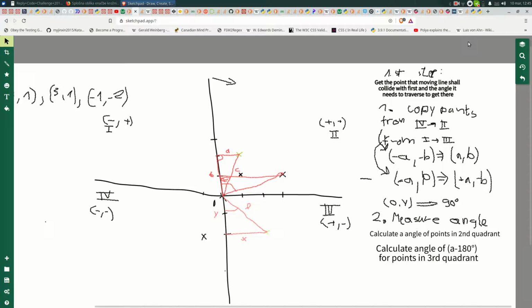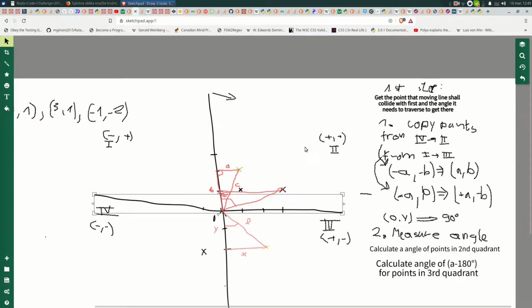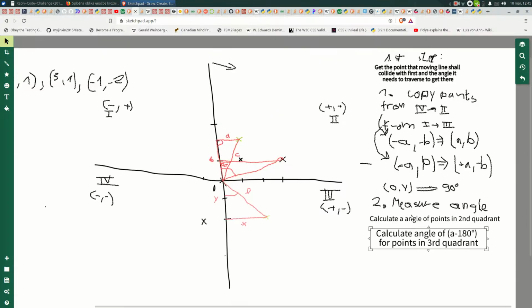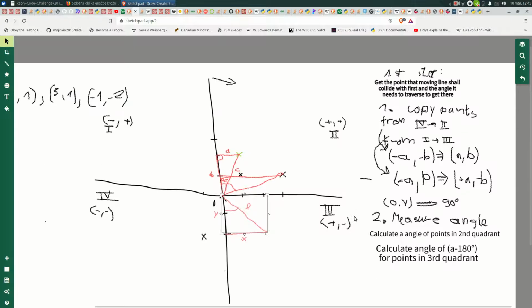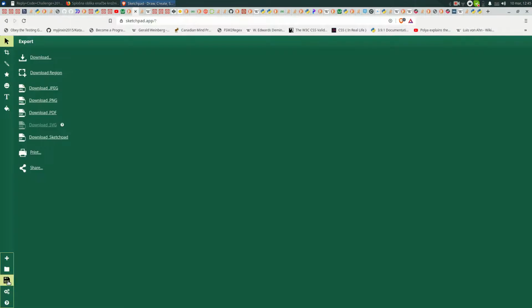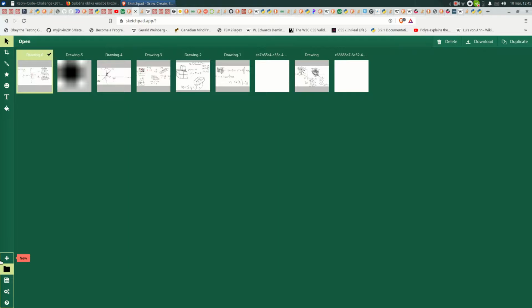So the second step, I have used all of this for the first step. So if you export that to download .sketchpad, can you open .sketchpad?